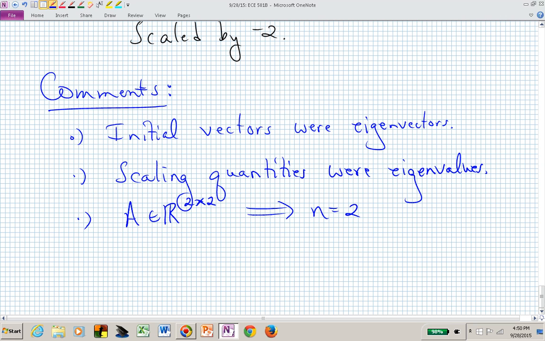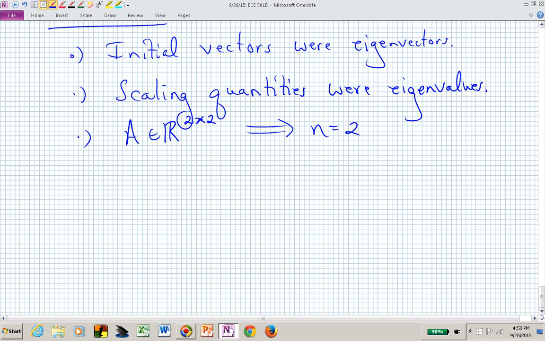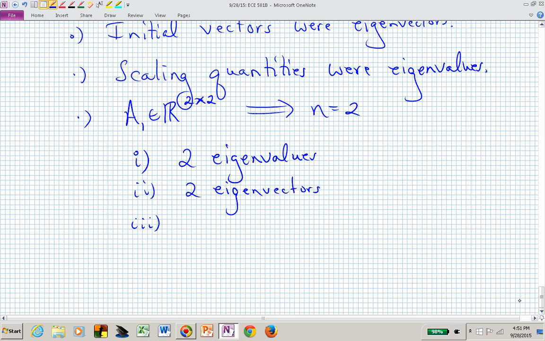Little n was 2. And for this A matrix, maybe I should say A1, we had 2 eigenvalues, which is obviously related to little n equal to 2. We had 2 eigenvectors. Our scaling was actually real.